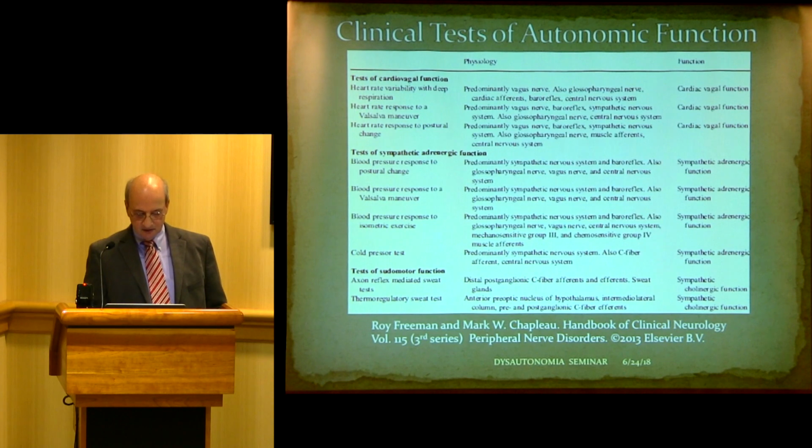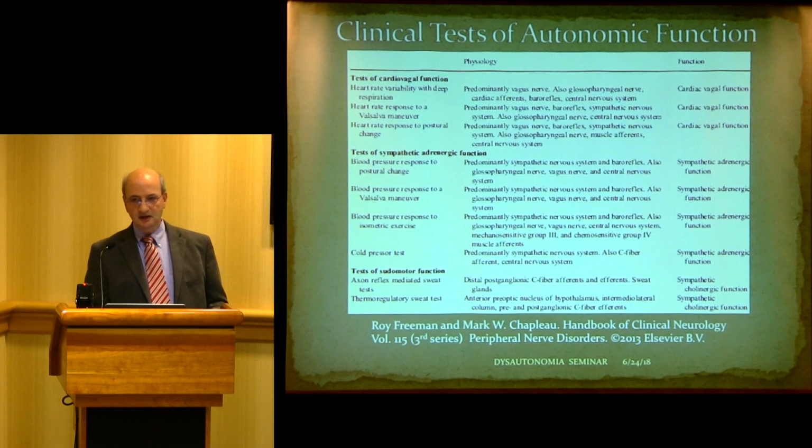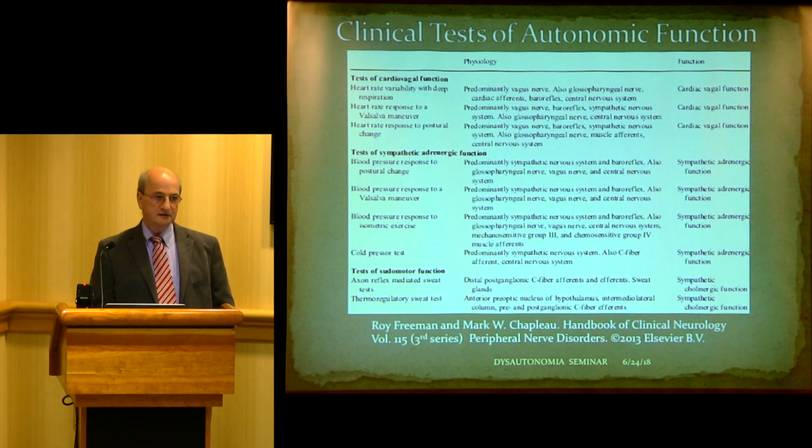Now, there are a lot of clinical tests for autonomic function, and the tilt tests are just the easiest ones and the most accessible. There are cold pressor tests, there are heart rate variability tests, there is a Valsalva test, and there are sweat tests.